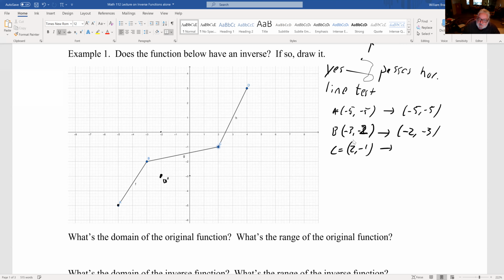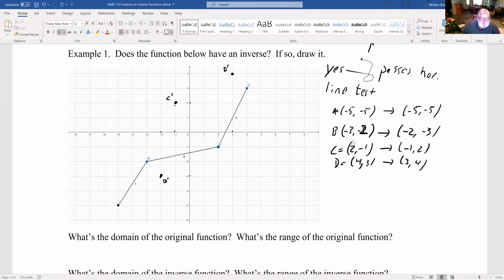If we switch the x and the y, we get -1, 2, that's going to be up here. That would be our point C prime. D is 4, 3. If we switch those, we get 3, 4. So x equals 3, y equals 4, that's up here. We'll call that D prime.